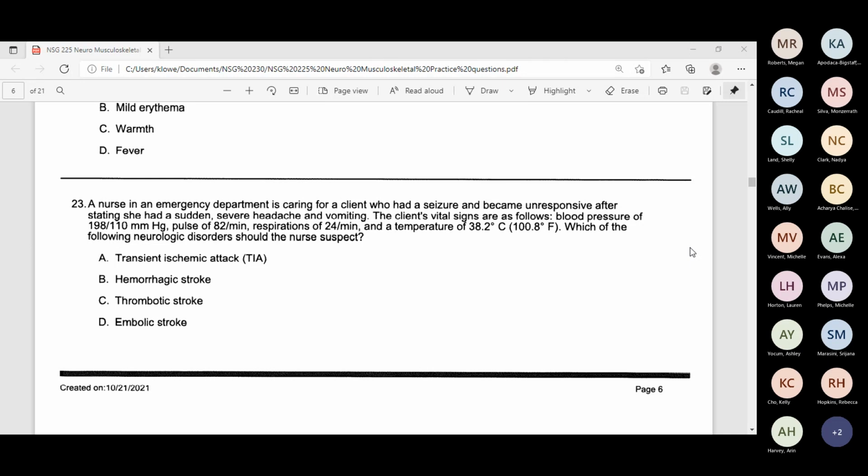So looking at those symptoms: sudden severe headache, vomiting, unresponsive, elevated blood pressure, and elevated temperature. I wouldn't think of these other ones having an elevated temperature, but with increased intracranial pressure, you would. Yeah, very good.